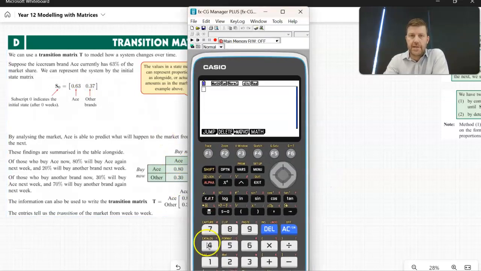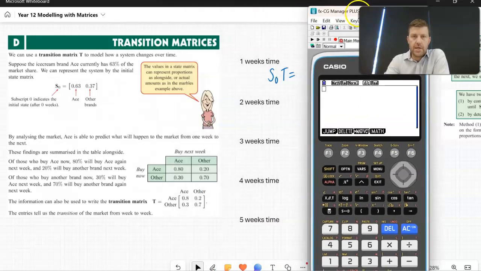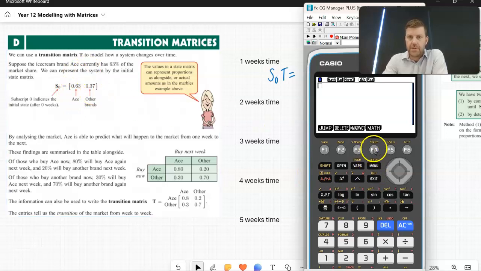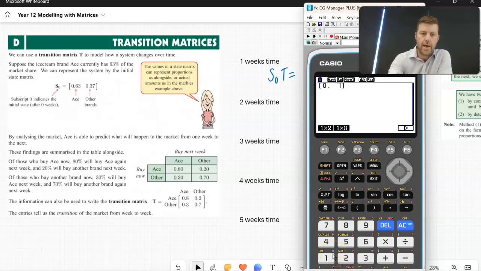Okay, so on my graphics calculator, I'm going to do this. I'm just going to put in the initial state matrix here, which is a 1 by 2 matrix, so 1 row and 2 columns. Okay, and it's 0.63 and 0.37.